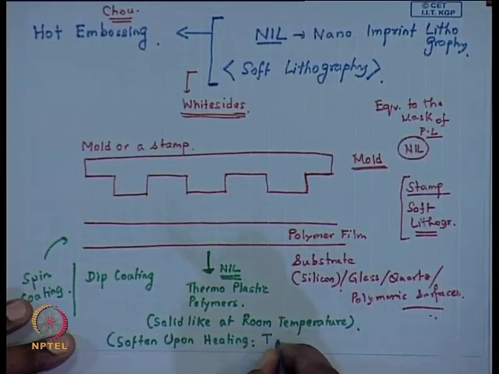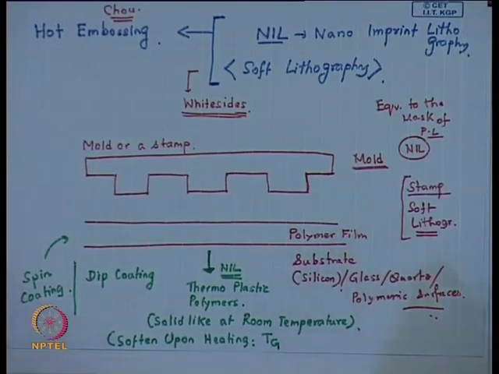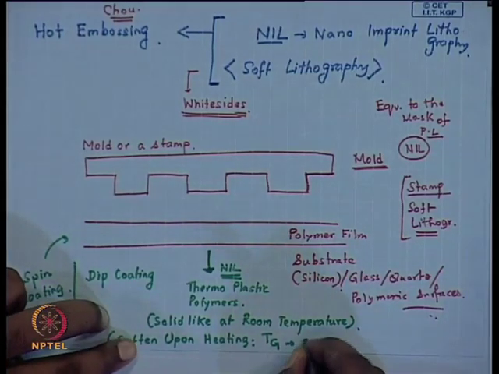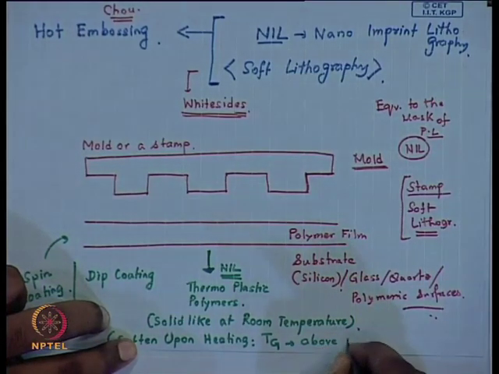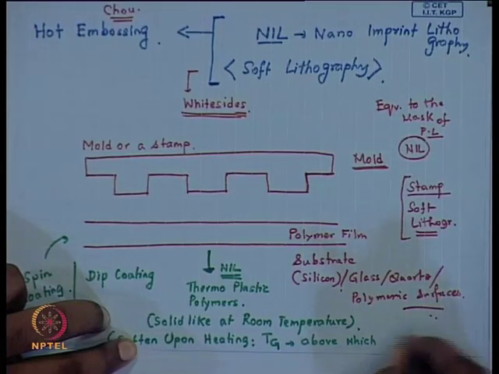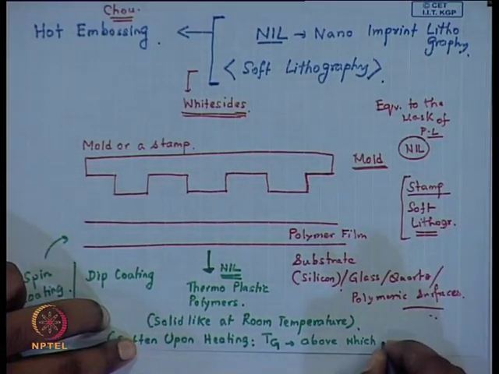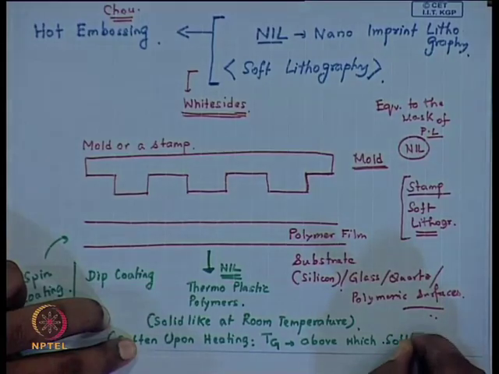There is something, I think we have talked about in one of our previous lectures, called the glass transition temperature, above which they become significantly soft. Okay. In other words, you might know that a polymer is an amorphous material.